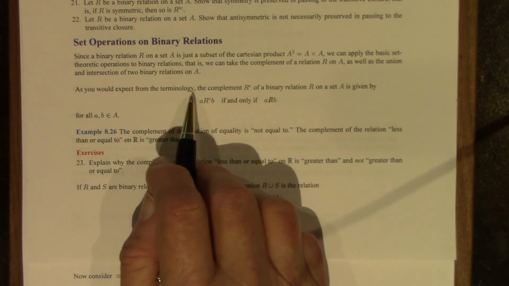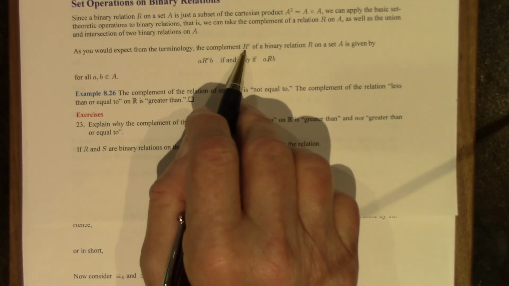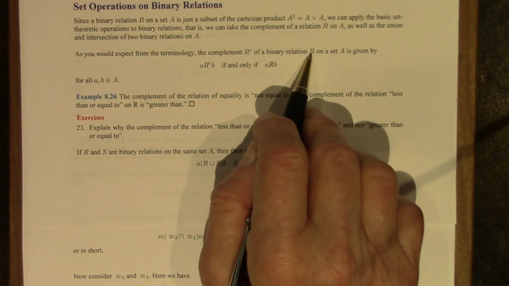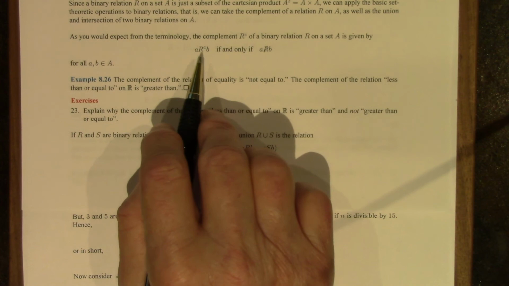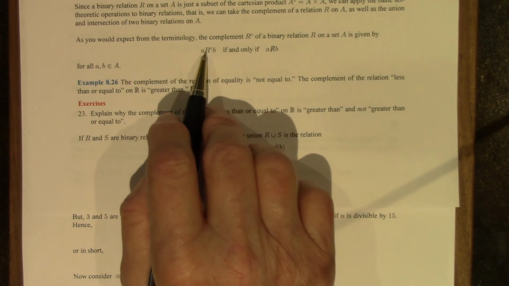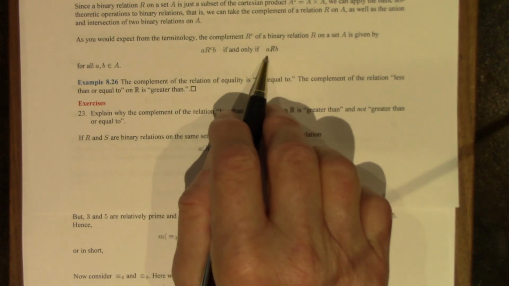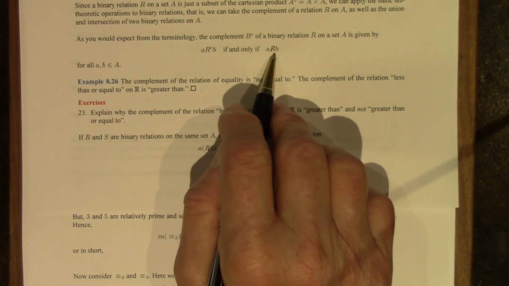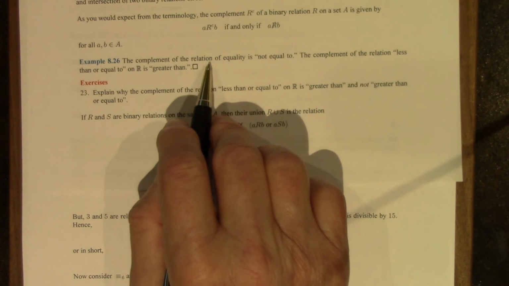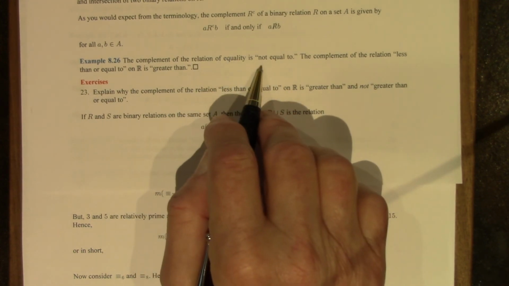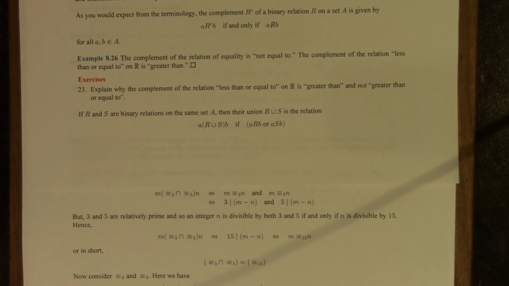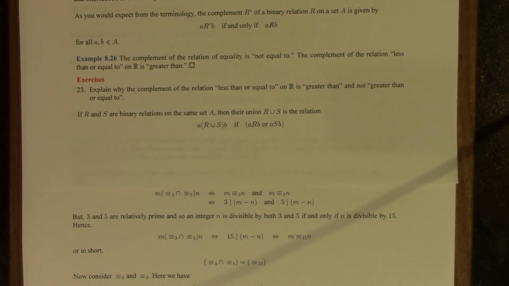So as you'd expect, the complement, which I'll denote by superscript C, of a binary relation is given by: A is related to B under R complement if and only if A is not related to B under R. So the complement of the relation of equality is the relation not equal to. And the complement of the relation less than or equal to is greater than.